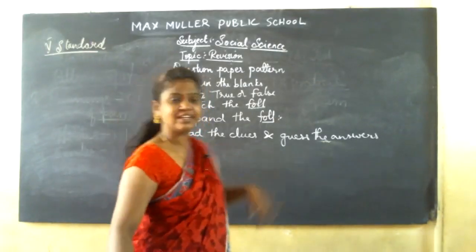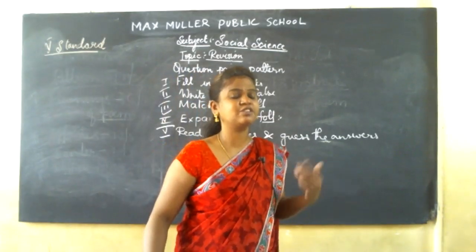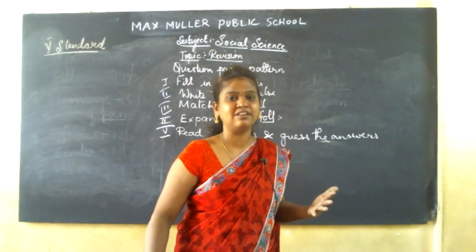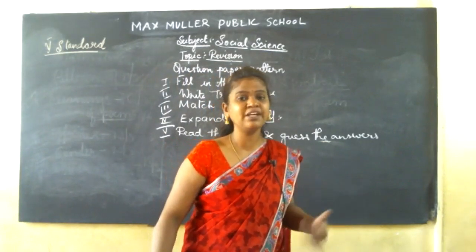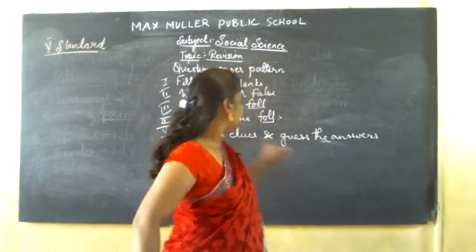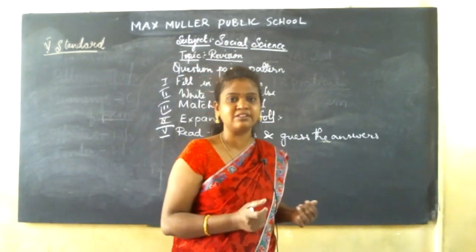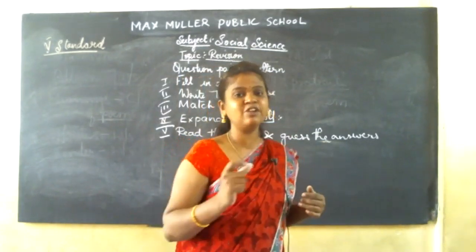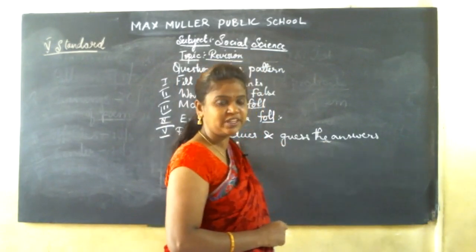Read the clues and guess the answers. Example, a white continent. You are just going to guess the answer. Which continent is known as the white continent? So you all know the answer will be Antarctica. So you have to read the clues. Some clue will be given. You have to sort out that given clue and you have to guess the answer. So this is the main which I'm going to give you in FA1.